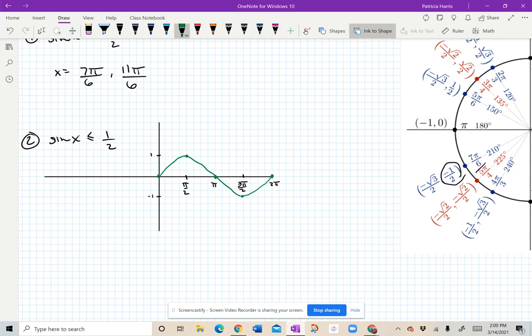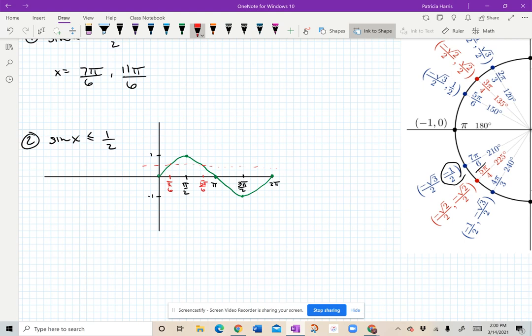Okay. So now we want less than or equal to 1/2. So 1/2 would be right about here. Now we are going to use the unit circle to help us out. So we know that sine is equal to 1/2 at pi over 6, and 5 pi over 6.